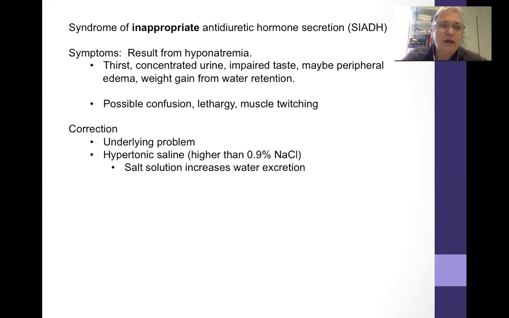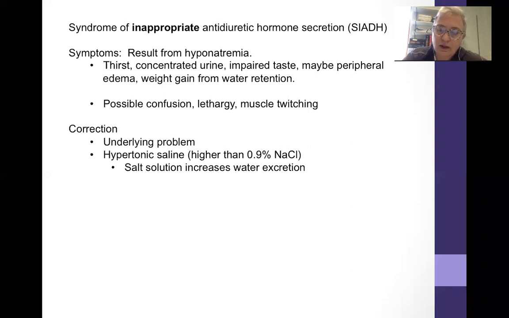If there's a tumor, then it would be a different story, that's treating the underlying problem. But if you're treating the hyponatremia, you need to add some salt because you're low at this point. It's going to be relative to the patient a little bit, but mostly it's going to be something higher than the normal body salinity.